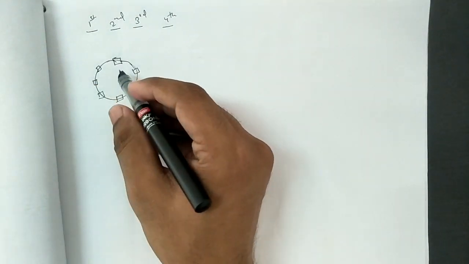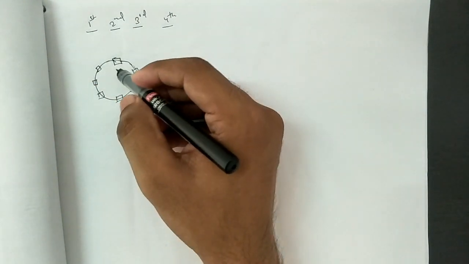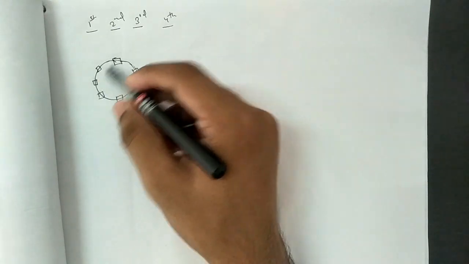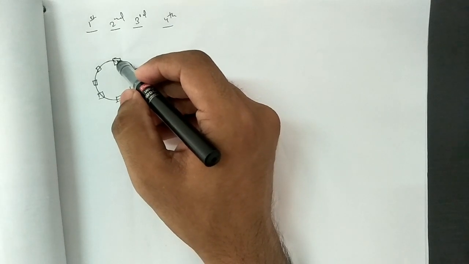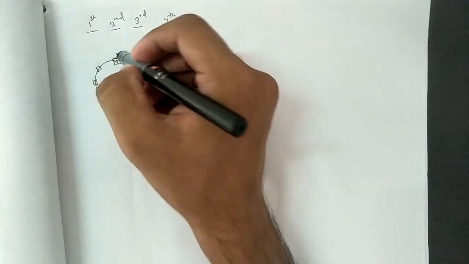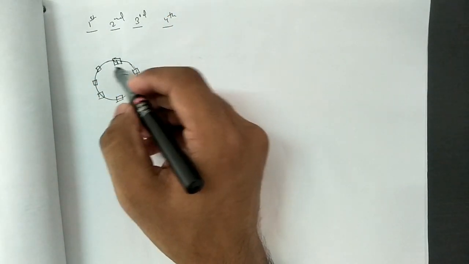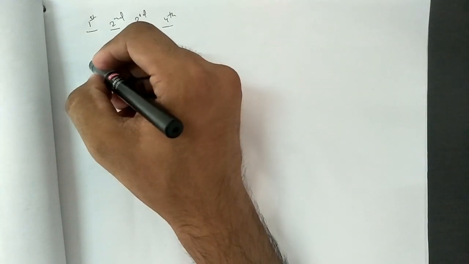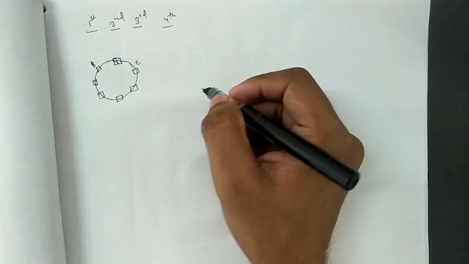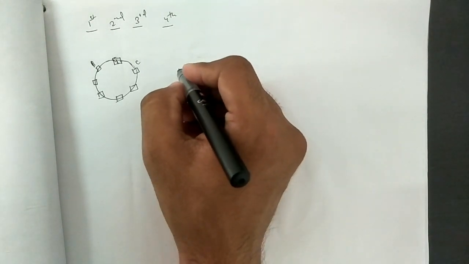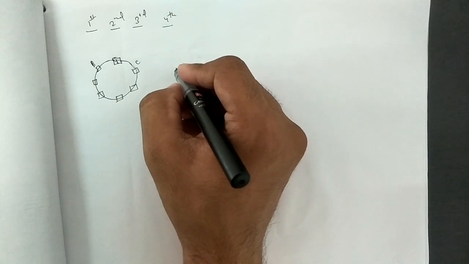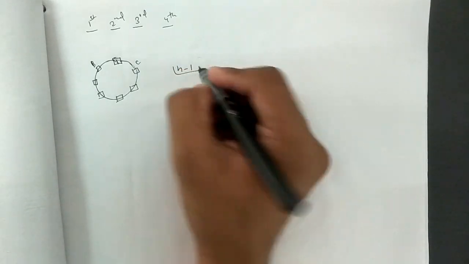We only know this location relative to its neighbor. So if I ask you the location of A, it depends on their neighbors B and C. So due to this problem, we have reduced arrangement: factorial n minus 1.